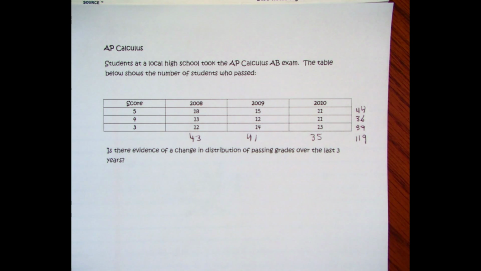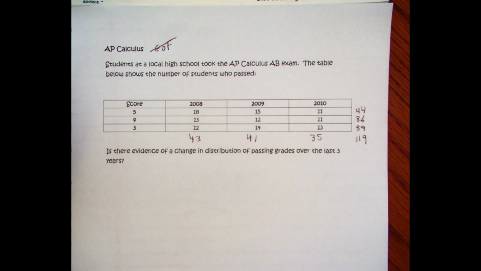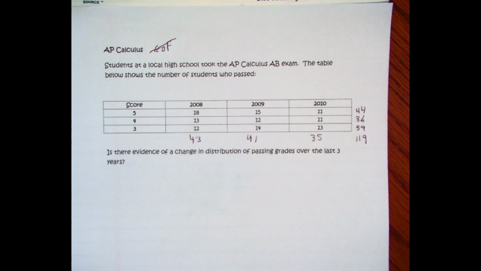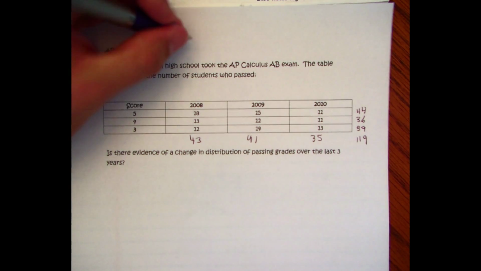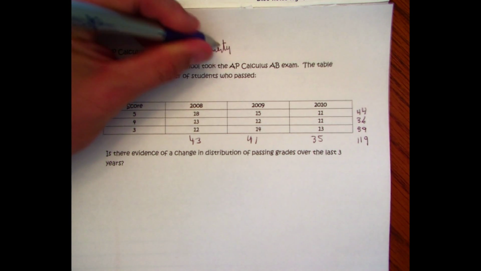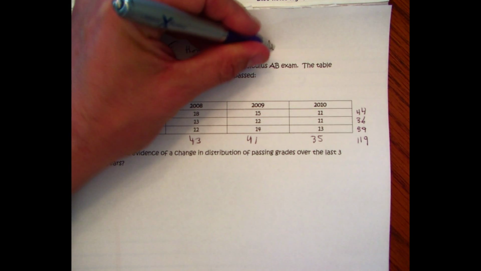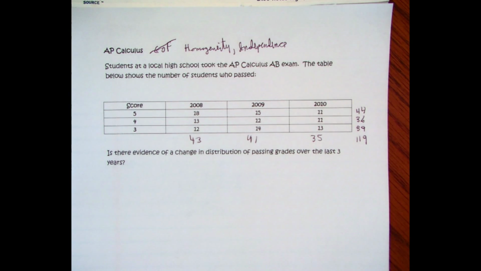Okay, so whenever you are given a table of values like this, the goodness of fit test is out. That's out. It's definitely not a goodness of fit test. So it's got to be a homogeneity test or an independence test. Okay. So we're going to deal with one of those two when we're given data presented like this.